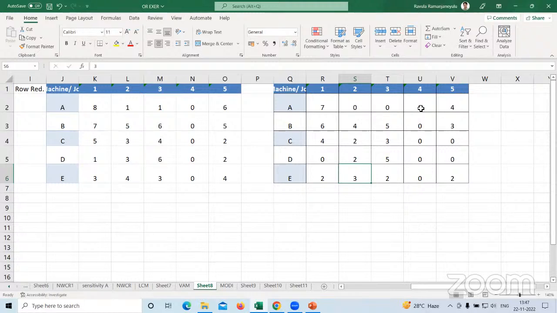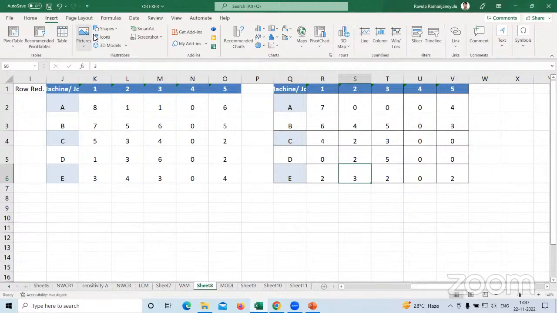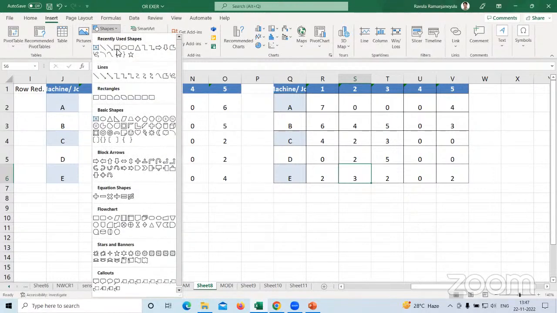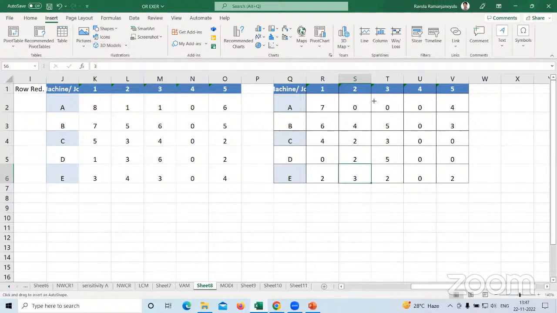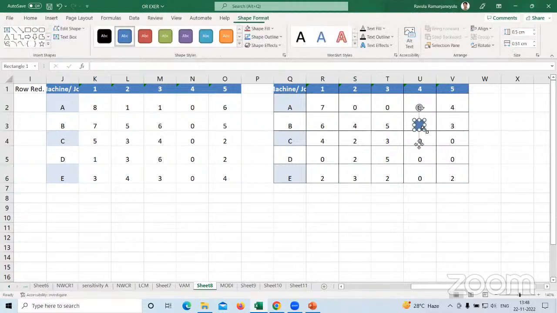There are 3 zeros in the first row, so it can't be assigned. Second row, we are having a single 0, so we can assign here. Only 3 assignments are made. You're getting 3? Yes. Your assignment is done.